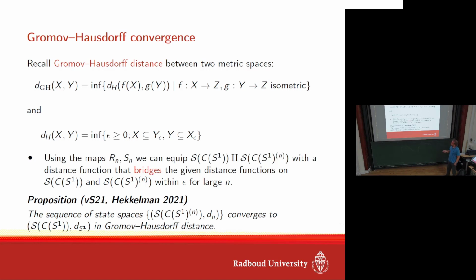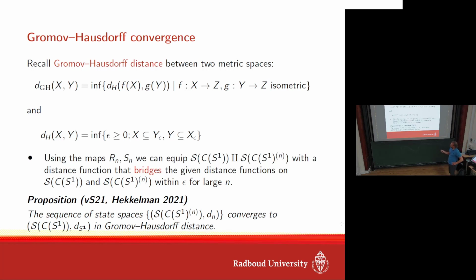And here there's a notion where you try to put it into a metric space which has a metric that bridges these two metrics on the two state spaces. If you find that, then you can actually do this kind of Hausdorff convergence. This we found with precisely the formula I showed you before. It will allow me to find such a bridge.